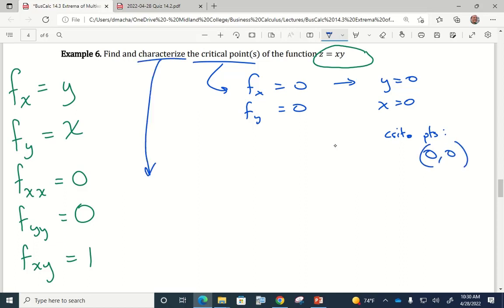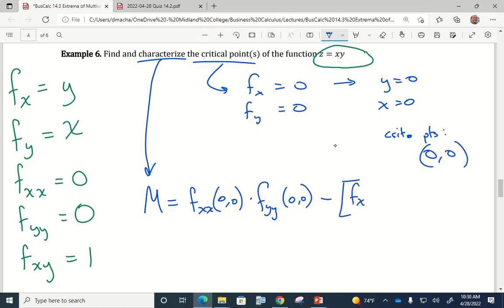If I wanted to characterize what type of critical point this is, a minimum, maximum, saddle point, I have to do my M test. My M test says I take that second derivative at my critical point times this second derivative at my critical point minus my mixed partial evaluated at my critical point squared.